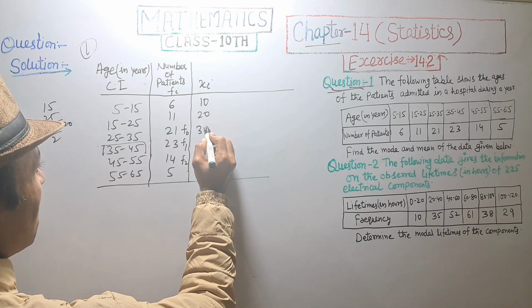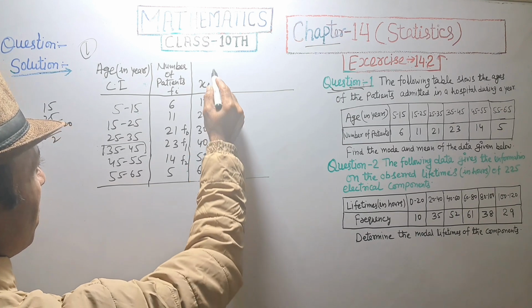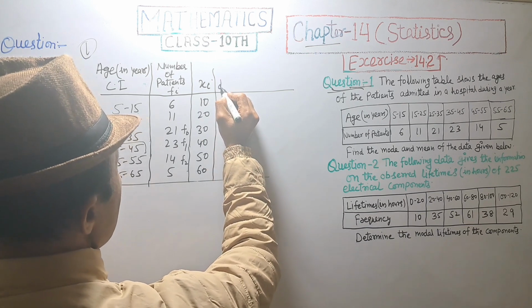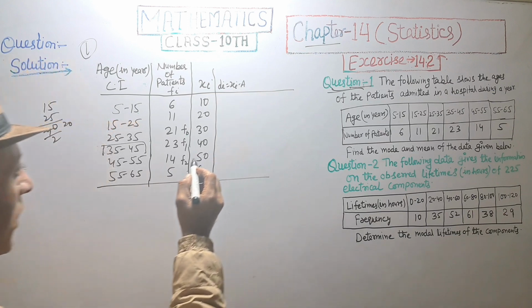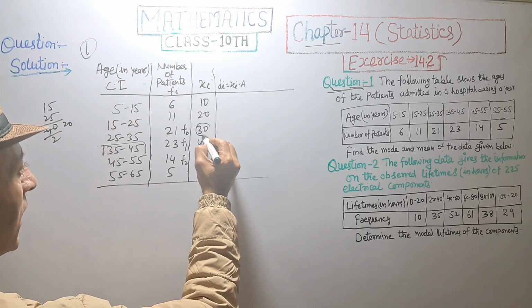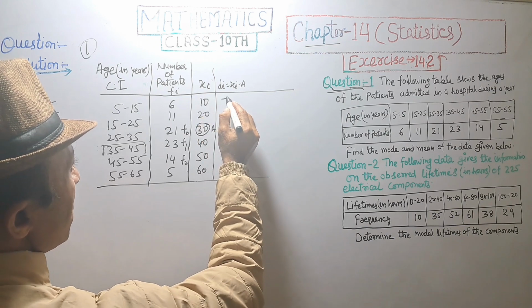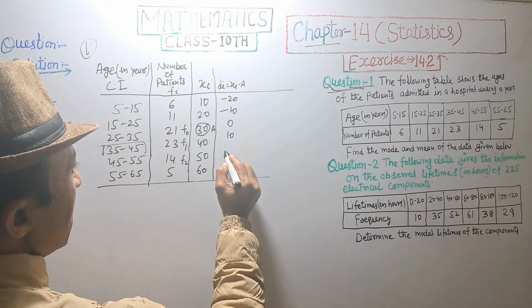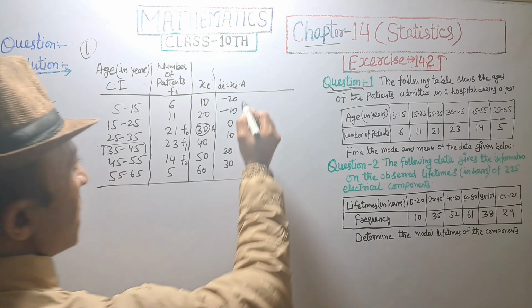So xi is 10, 20, 30, 40, 50 and 60. di is equal to xi minus a. Let a is equal to 30. 10 minus 30 is minus 20, then minus 10, 0, 10, 20 and 30.